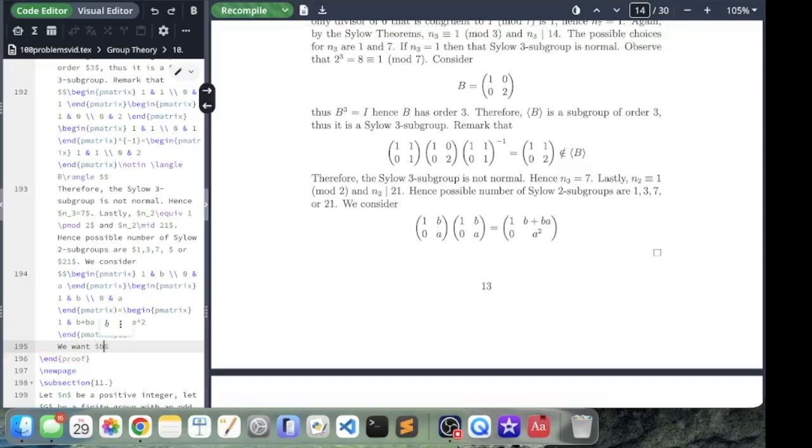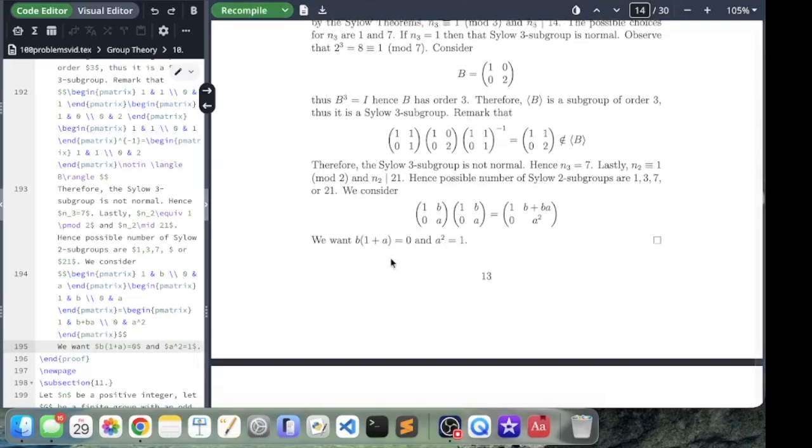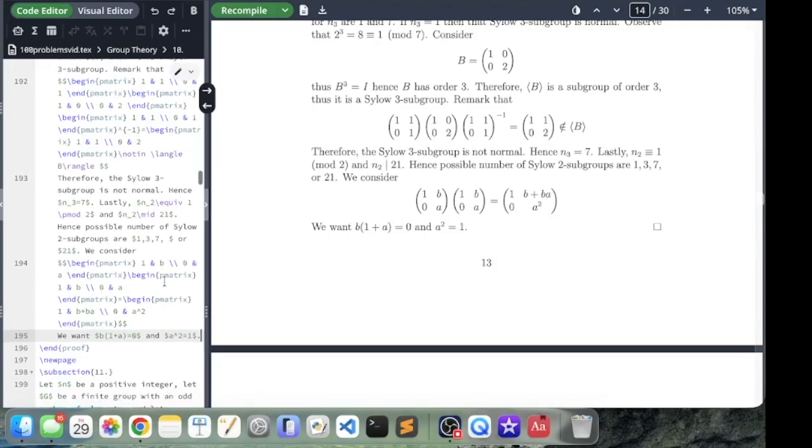So we want B times (A plus 1) to equal 0, and A squared to equal 1, sorry. This guy to equal 0, and this guy to equal 1. Okay. And we'll observe that if A is 1, which is one solution for A squared equals 1, then 2B equals 0. And then if we think about the elements from F7, let's write this out.